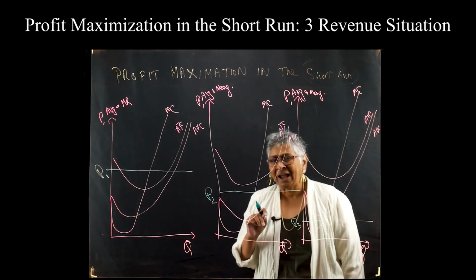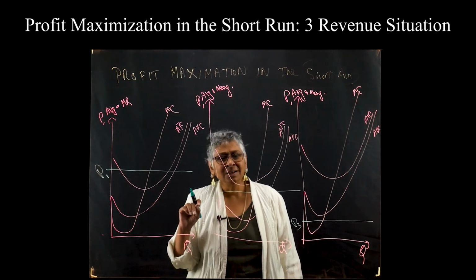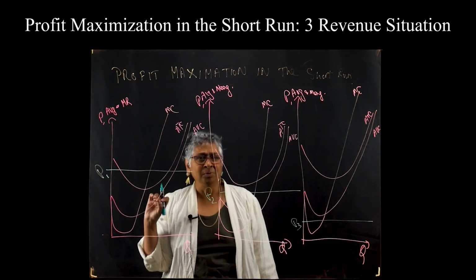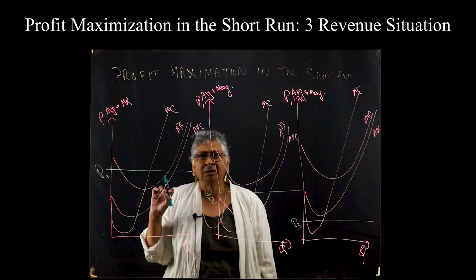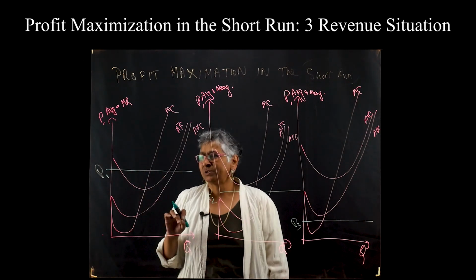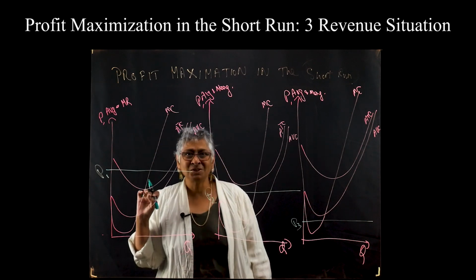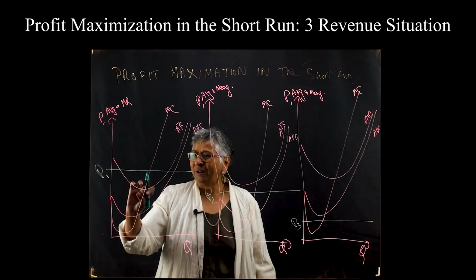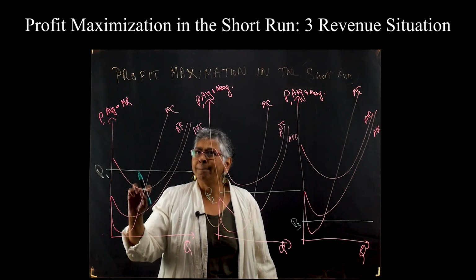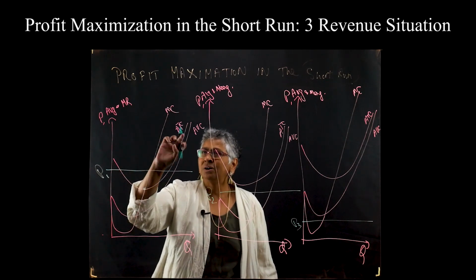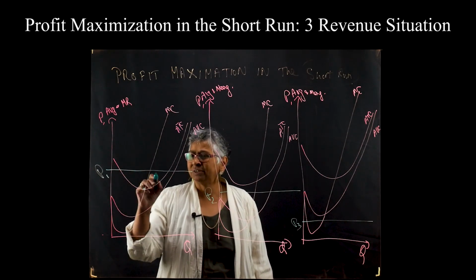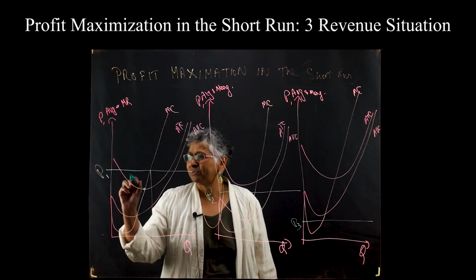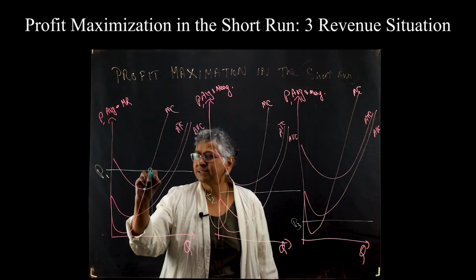I'm going to look at what happens in these 3 situations, because obviously if I'm making a profit I want to produce, but what if I'm making a loss? So let's take a look. This one is the first one you looked at, where the price is above the bottom of the average total cost curve. This is your price.